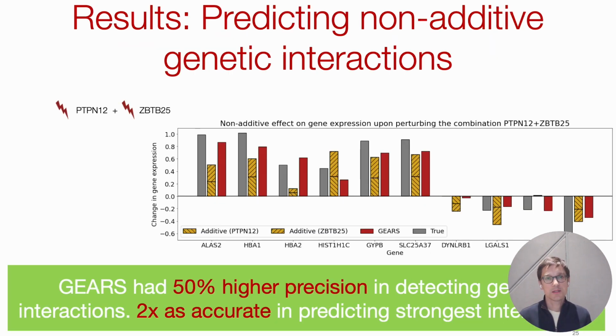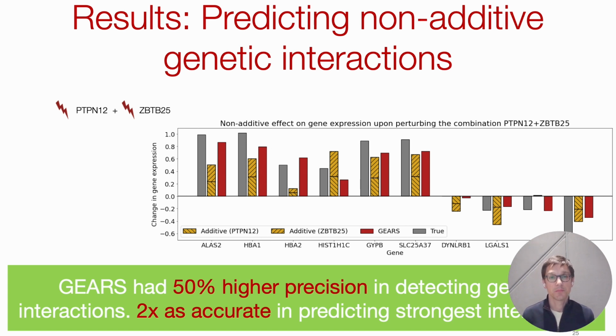And when we look at the results of this model, we see that it's able to model and predict non-additive and highly non-linear genetic interactions. For example, here I'm showing pairwise perturbations, where we are looking at the total effect of the perturbation.